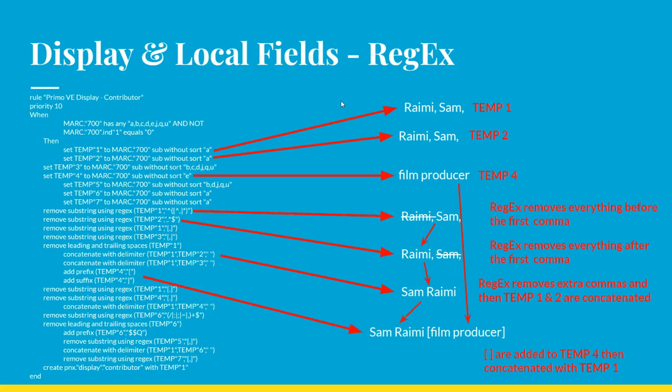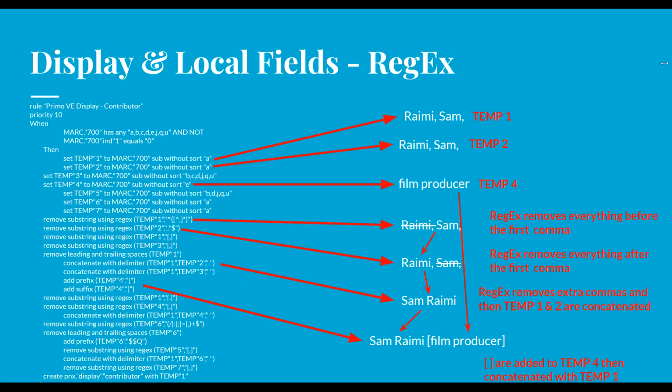I don't really want to go through this whole thing, but all of these transformations, the set temps, the remove substring, the concatenate, prefix, suffix, all that does is make it from last name, first name to first name, last name without punctuation. And then it concatenates film producer onto the end of it. All that text just does that simple operation.